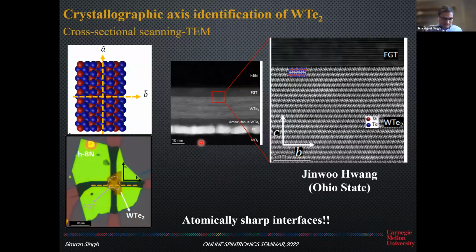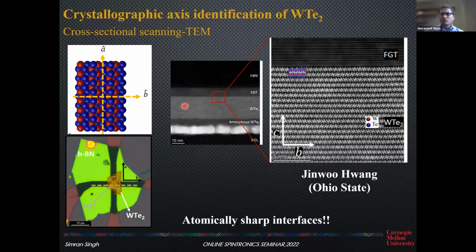Also, if you think about van der Waals heterostructures, there is a van der Waals gap, right? So you always wonder whether spin can efficiently transfer across these van der Waals gaps, and whether the interface is clean enough, if you're trying to achieve spin-orbit torque switching. You had better have a clean interface.